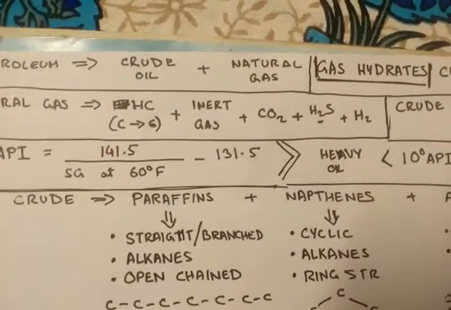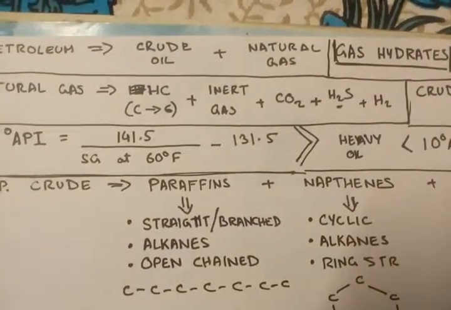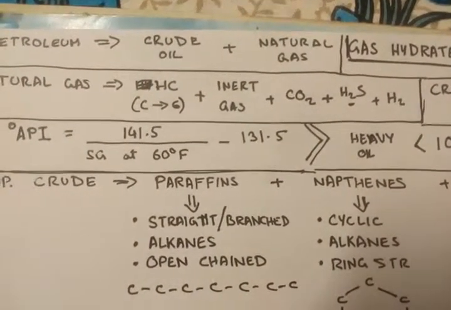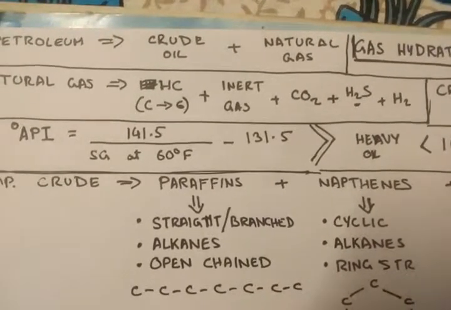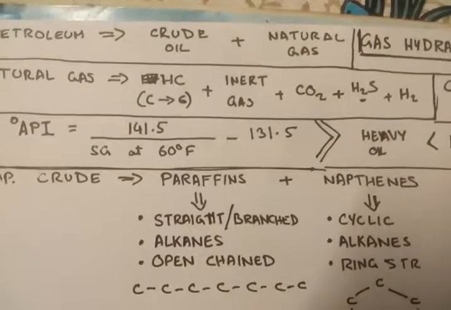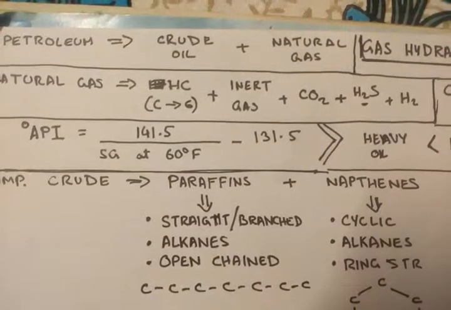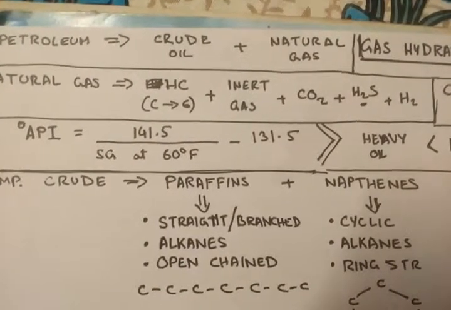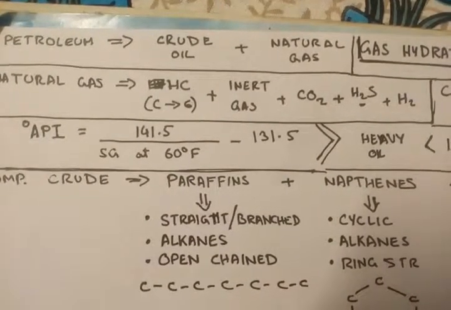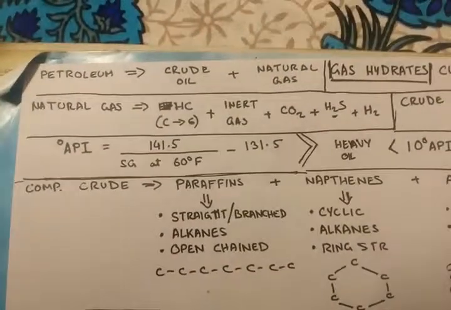If there is sulfide in the gas or oil, we say that is sour oil. If there is no sulfide or low sulfide, that is sweet oil. While drilling, we always prefer to drill sweet oil, because the sulfur content tends to damage the equipment we have. So that's about natural gas.